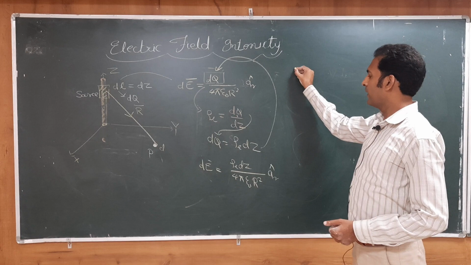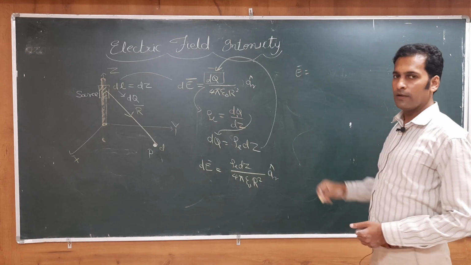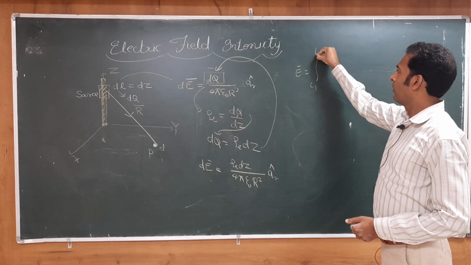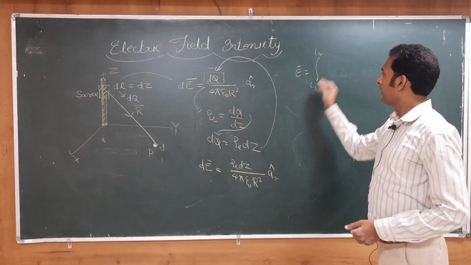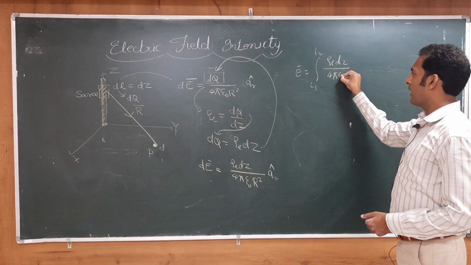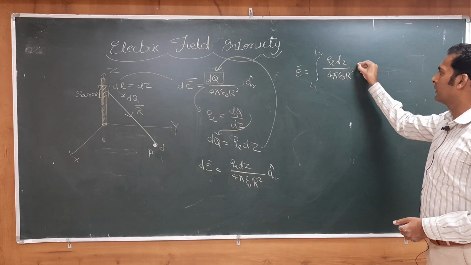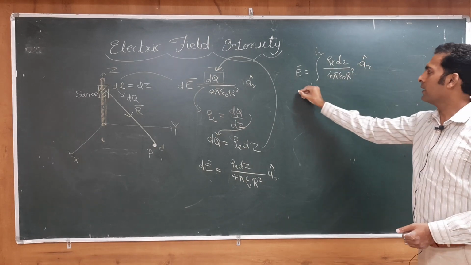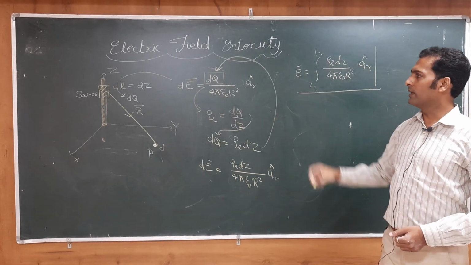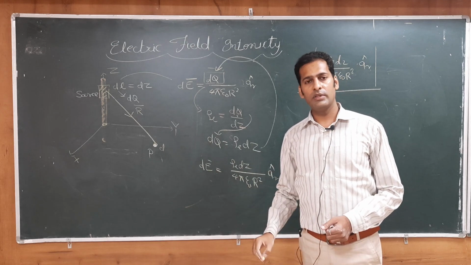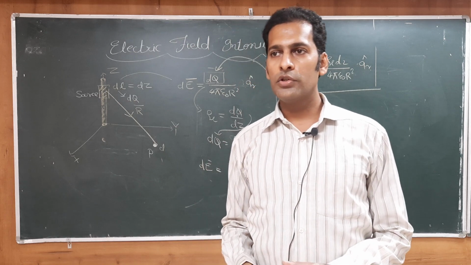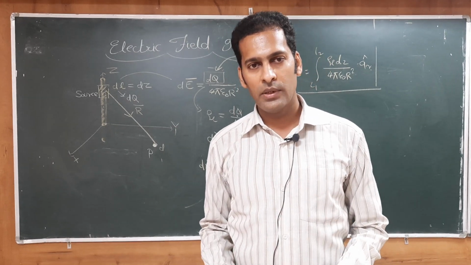So what may the modified formula be for the electric field intensity? It can be given as the integration from some length 1 to length 2 of rho L dz by 4 pi epsilon naught r square into a r cap. This is the generalized formula for the electric field intensity due to a line charge distribution. Now, in line charge distribution, the most commonly asked question is the infinite line charge.